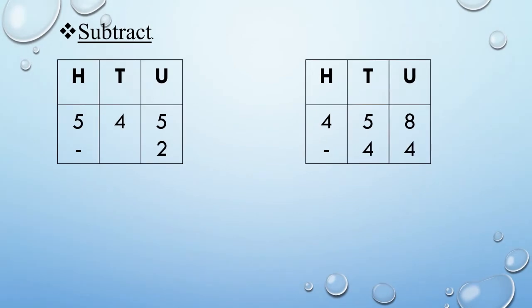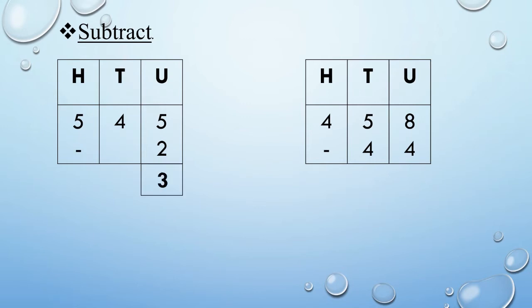Students, let us move to the next one here. 545 minus 2. You know that we begin subtraction from the units column. So 5 units minus 2 units is 3 units.